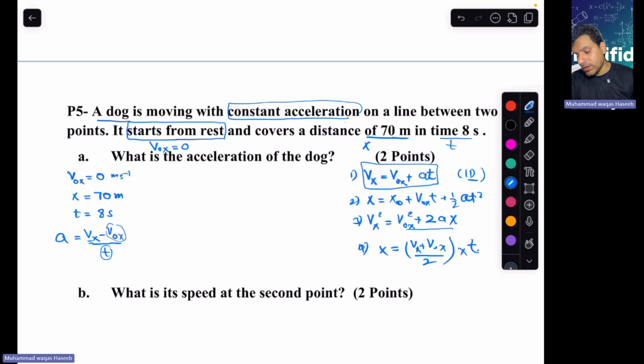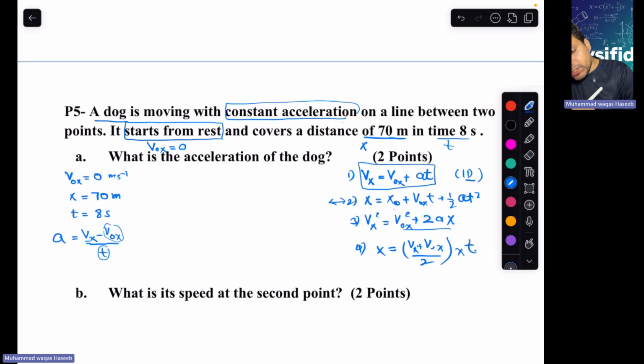So we can use another equation of motion to calculate the acceleration, because we start with the initial position x equals 0, then we have v naught of x, and then we have t.